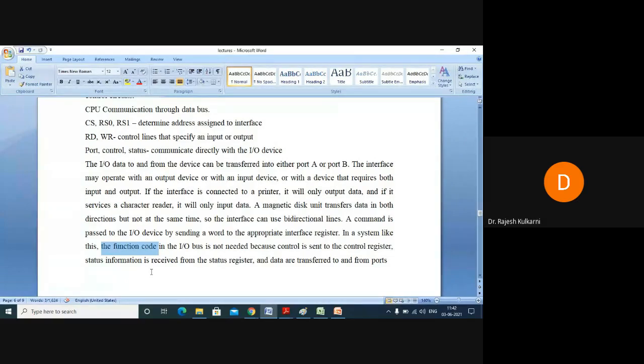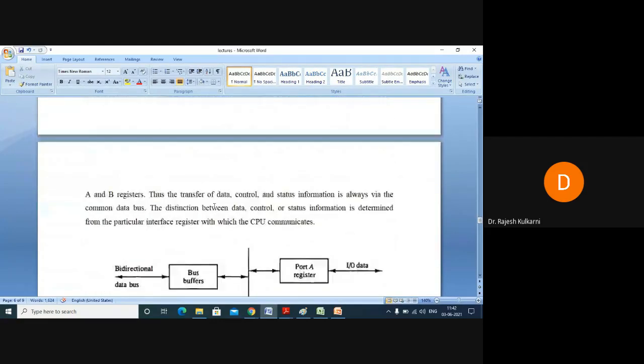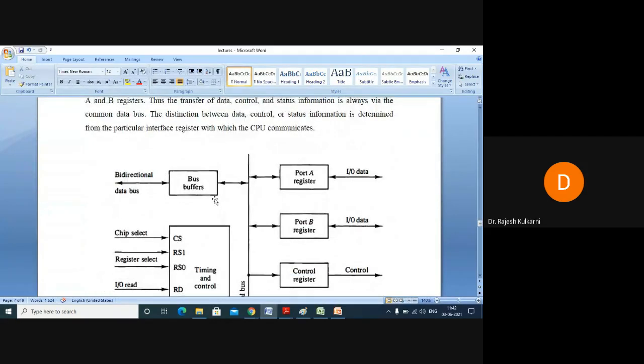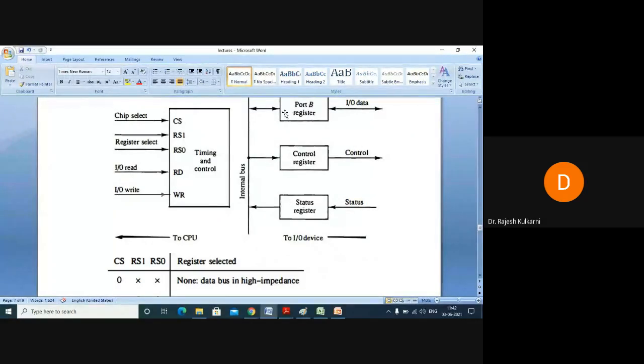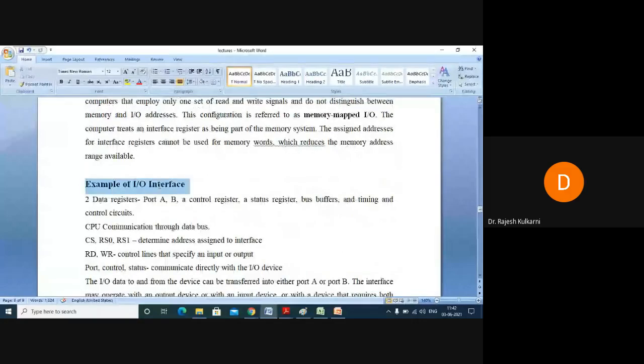Here, as the control is directly sent to the control register, these function codes are not required. So this is some theory which we tried to connect with this diagram, and this diagram is an example of an IO interface.